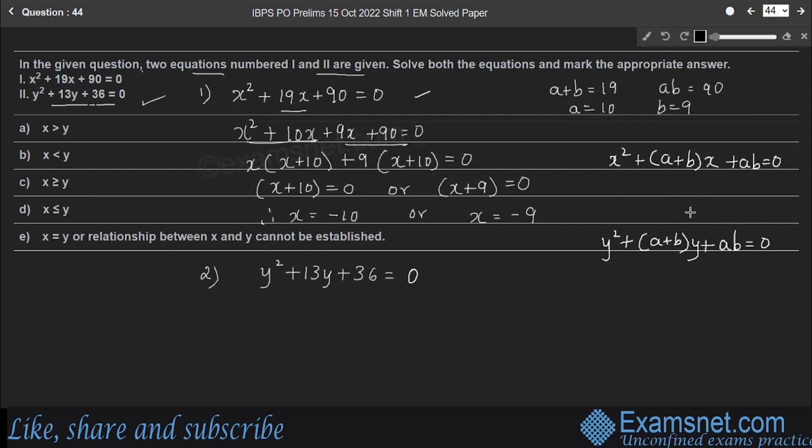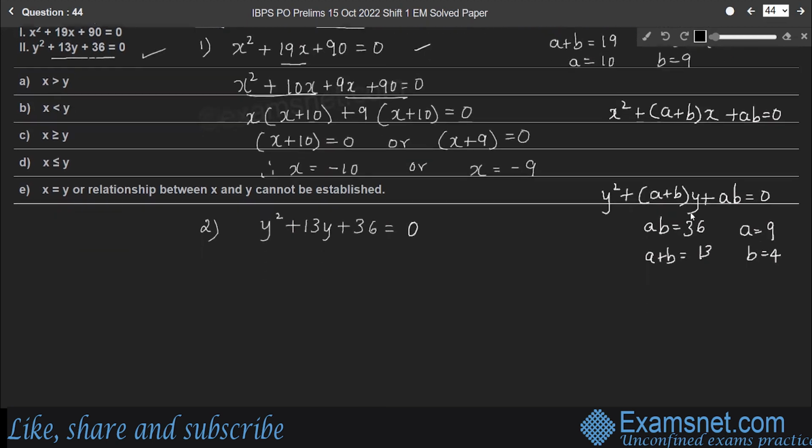We have already discussed this in the previous questions. So here ab is 36, a plus b is 13. Therefore, a is equal to 9, b is equal to 4.